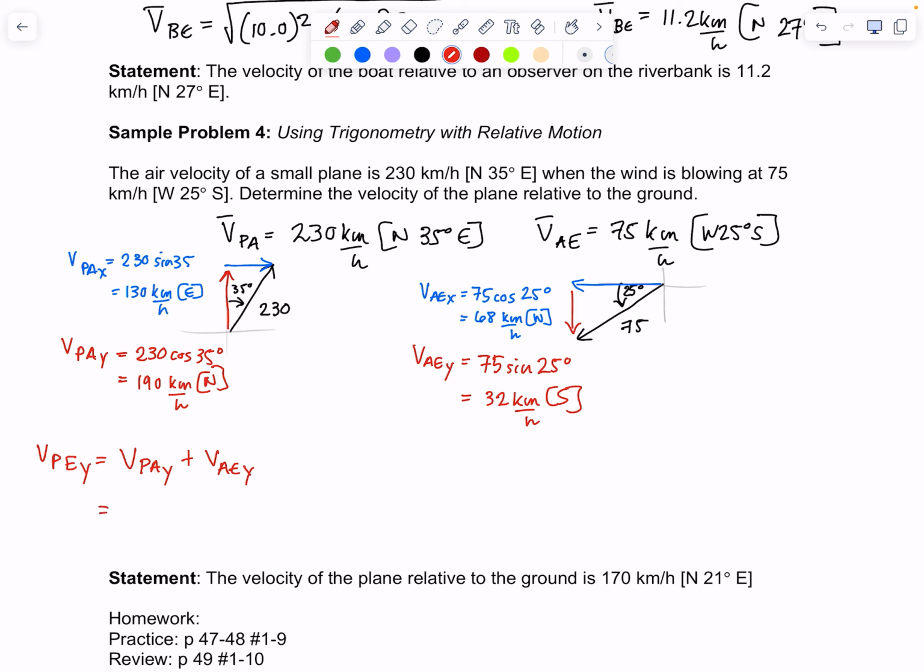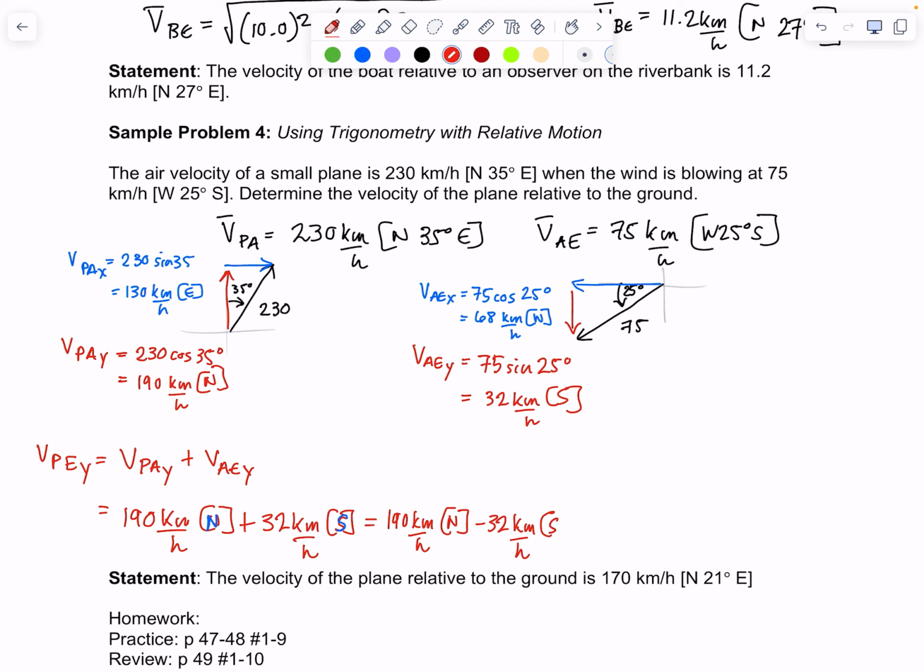So we end up with 190 kilometers per hour north plus 32 kilometers per hour south. If we add this up, remember, one is north and one is south, so we end up with 190 kilometers per hour north minus 32 kilometers per hour north.